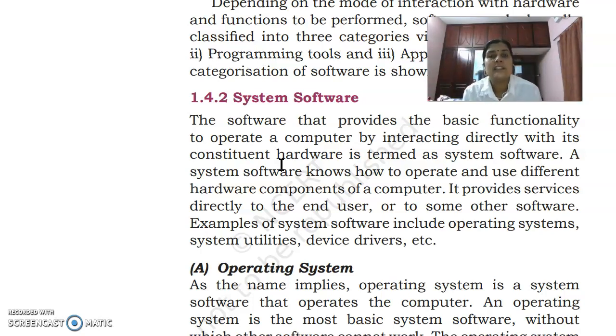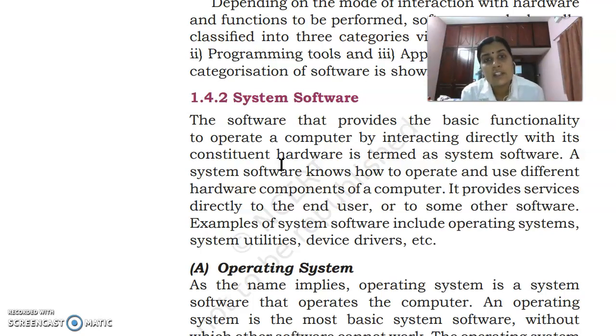So by using system software only, we can perform our operations. So it provides services directly to the end user. Examples of system software are our operating system, system utilities, device drivers, etc.